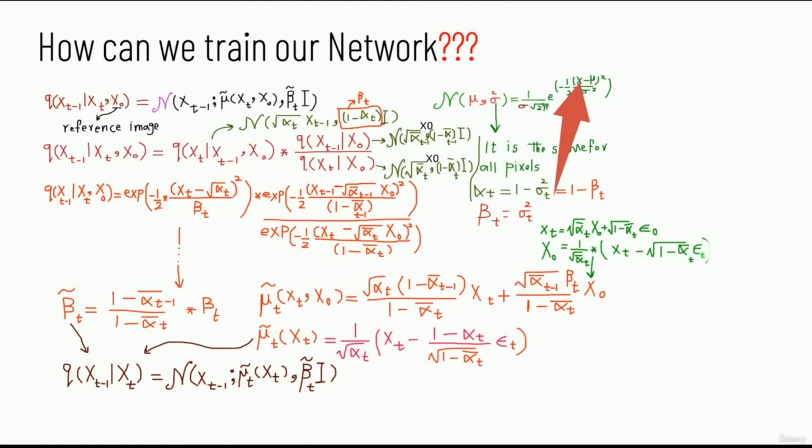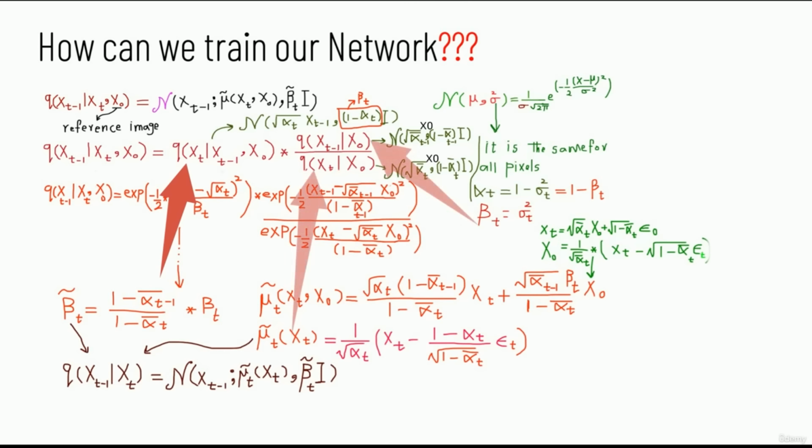Here x represents the variable that we will get its value from this distribution. For example, we will use this Gaussian distribution to get the value of the variable xt minus 1. So we will put xt minus 1 here.